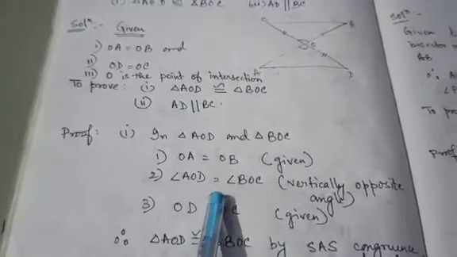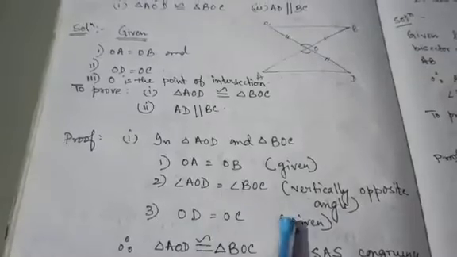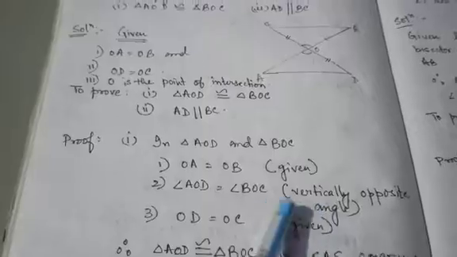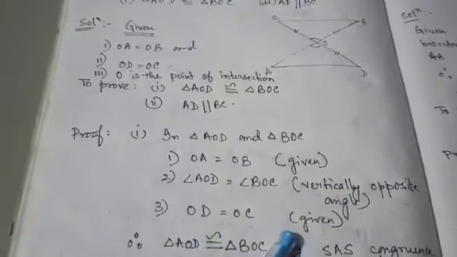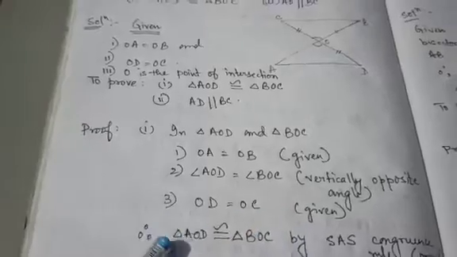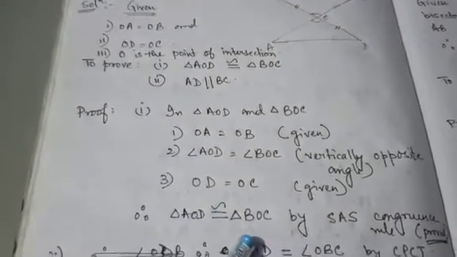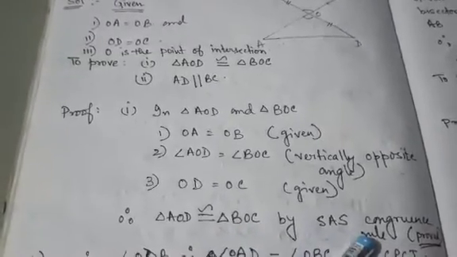So for congruency, the corresponding reason is also to be written. Number 3, OD is equal to OC. This also is given. Therefore, triangle AOD is congruent to triangle BOC by side angle side congruency rule.